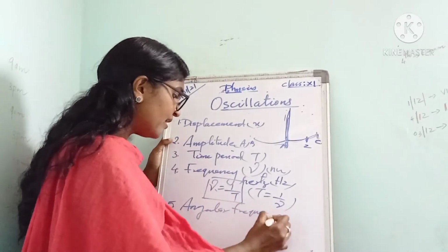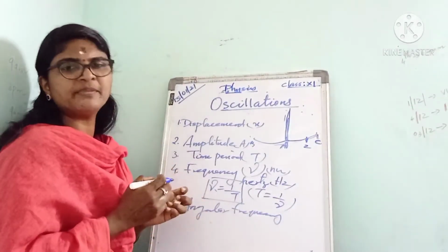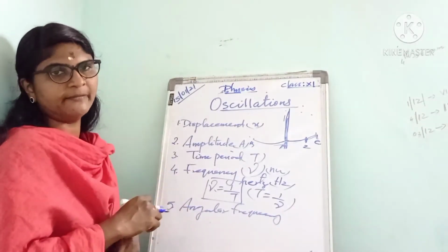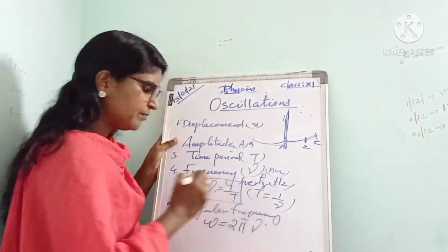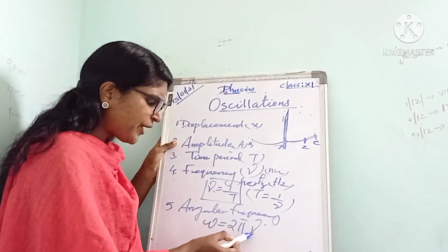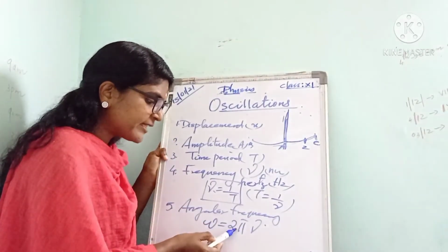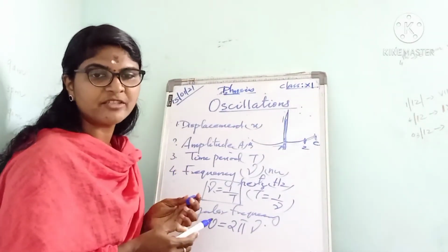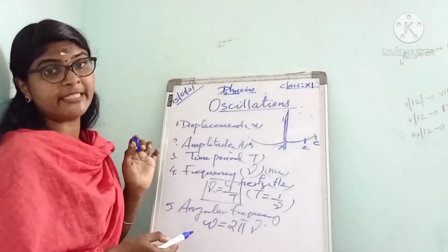The next is angular frequency, or angular velocity. It is the quantity obtained by multiplying the frequency nu by the factor 2 pi.